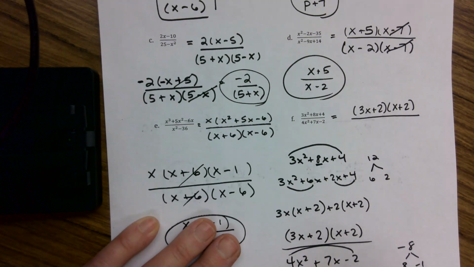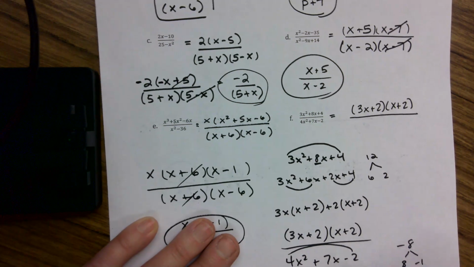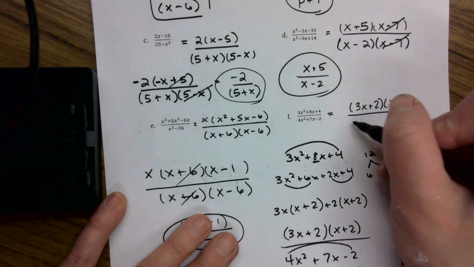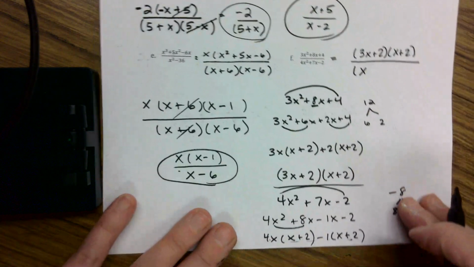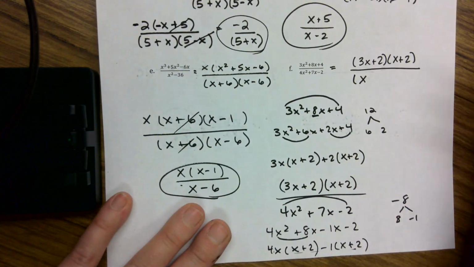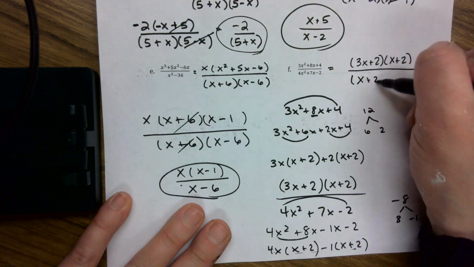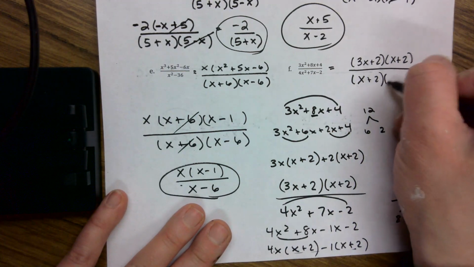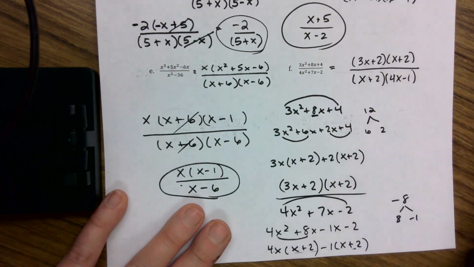We're going to take out a 4x. You're left with x plus 2. You want to take a negative 1 out. This is going to leave you with x plus 2 and a 4x minus 1.